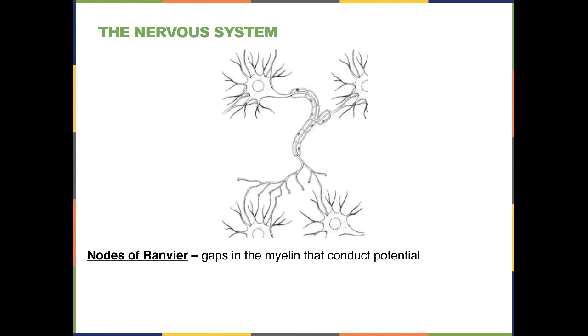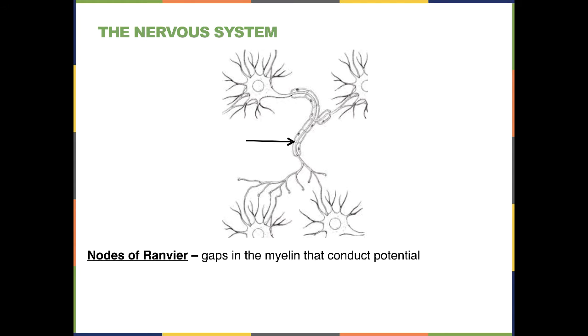The node of Ranvier, remember, is the gap in the myelin. And these points or gaps in the myelin are where the action potentials actually continue the conduction. And again, in a few slides, I'll show you how that happens. And here's just one example of a node of Ranvier.